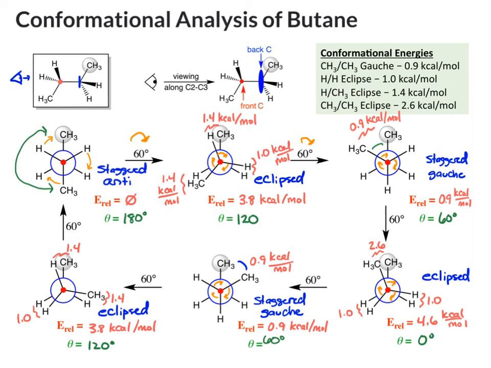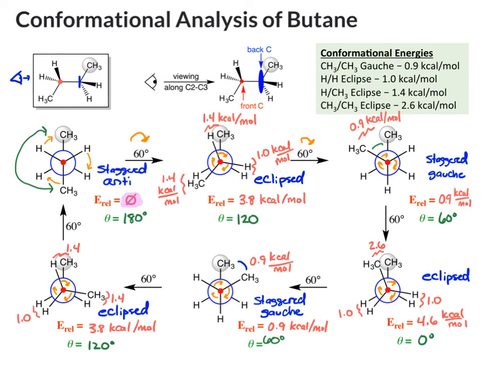And finally, if you do one more 60-degree rotation, you've come an entire 360 degrees, so you're back where you started. Let's take a look at this and find our extremes. So for our energy, we have one conformation with a relative energy of 0 right here.